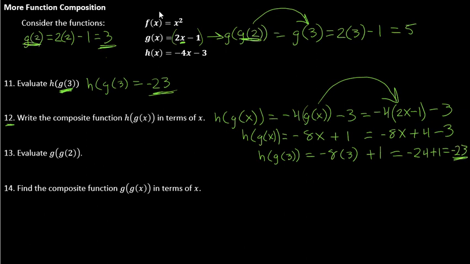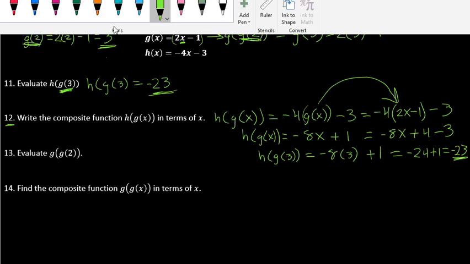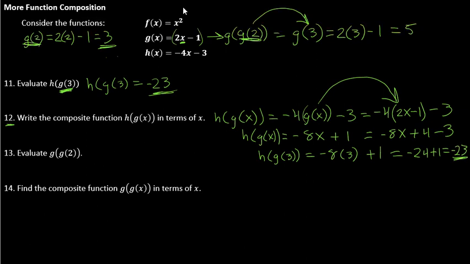Okay, so if we do it in terms of x, that's more with the intent of what I was going to do. So g of x is going to look like this: 2 times g of x minus 1. Now I'm going to plug in for g of x with g of x.